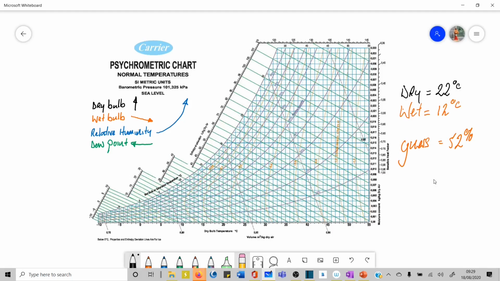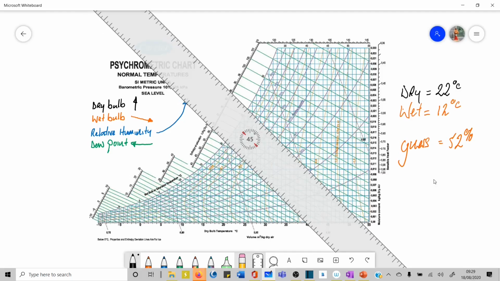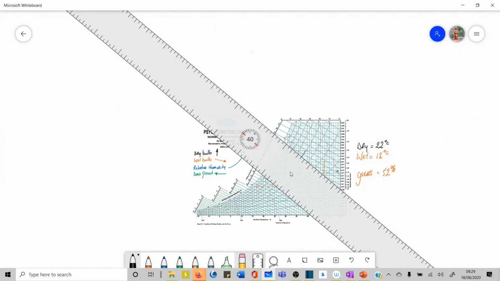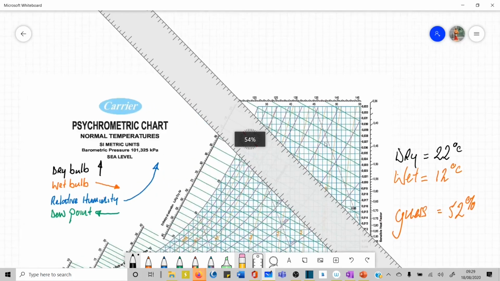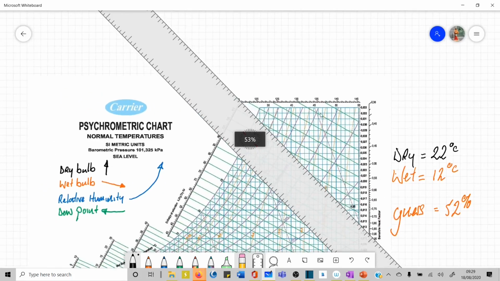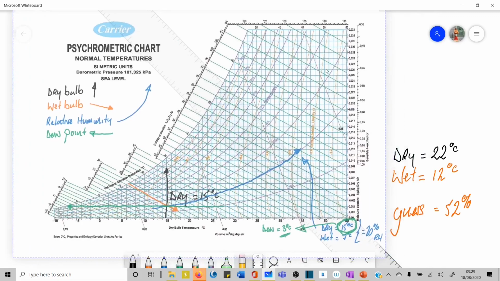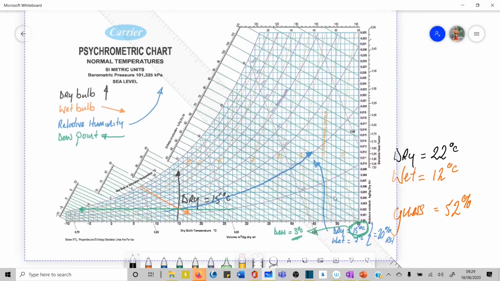Take a black pen for that. I'm going to take a ruler, and let's move that up there. Let's see if we can get this working properly. That's not playing ball, is it?